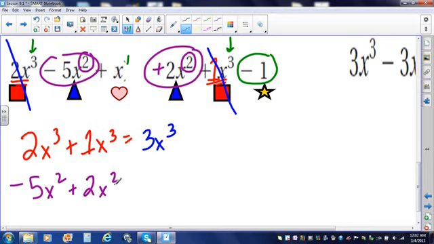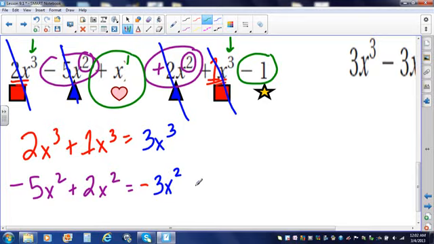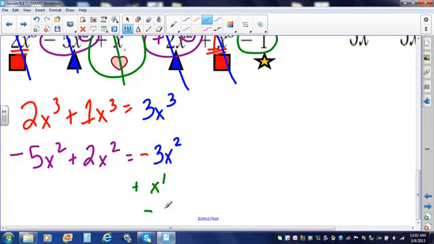Negative 5 and a positive 2 is going to give me negative 3x squared. I've used that one, I've used that one. I don't have any other hearts to combine, so I'm just going to put a plus x. If you want to put to the first power, you can. And I have a -1, so I'm going to put my -1.